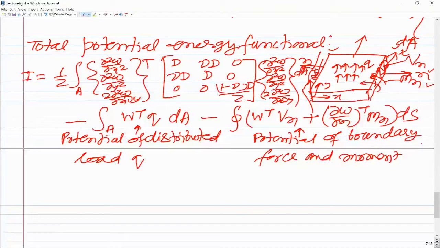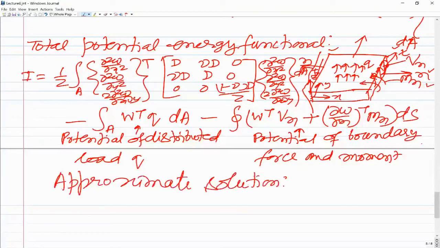So now when we go for the finite element solution approximations, the development of the element level governing equations, one of the important things is the approximate solution. When we assume an approximate solution, what are the things we need?